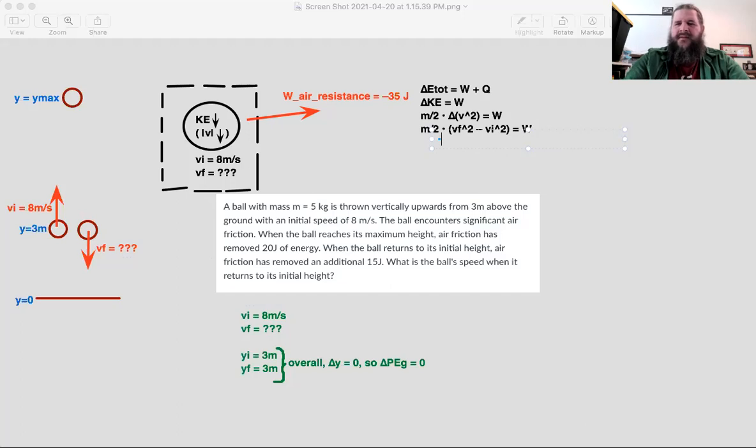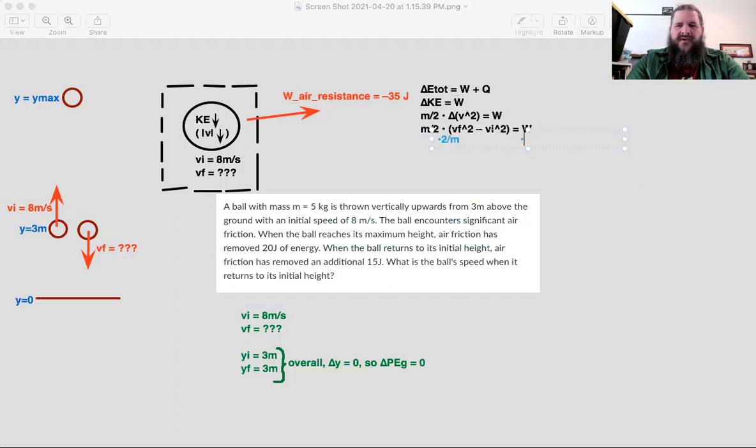If you're dividing by m over 2, that really means you're multiplying by what other fraction? Multiplying by 2 and dividing by m, yeah, multiplying by the reciprocal, 2 over m.